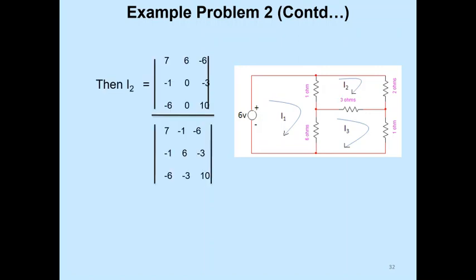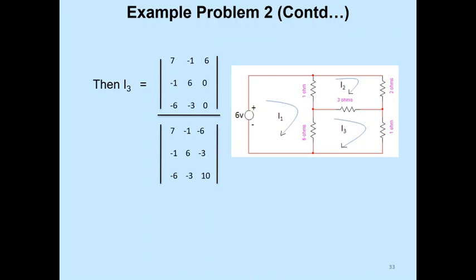Now for finding I2, the second column is replaced by the voltage matrix. So here 6 into 10 minus 18, 28 into minus 6, that is 168 by 95 amps.